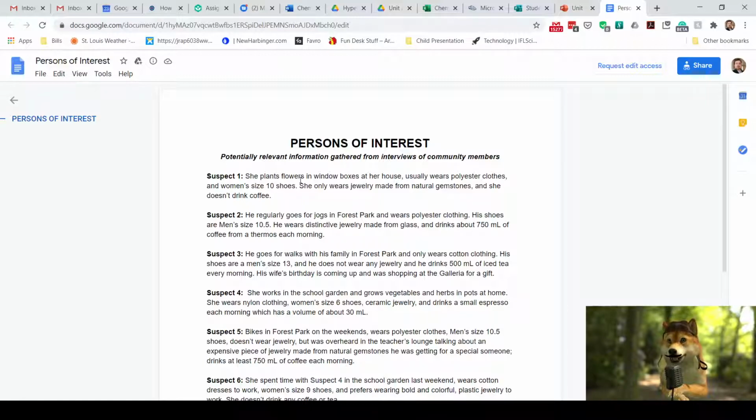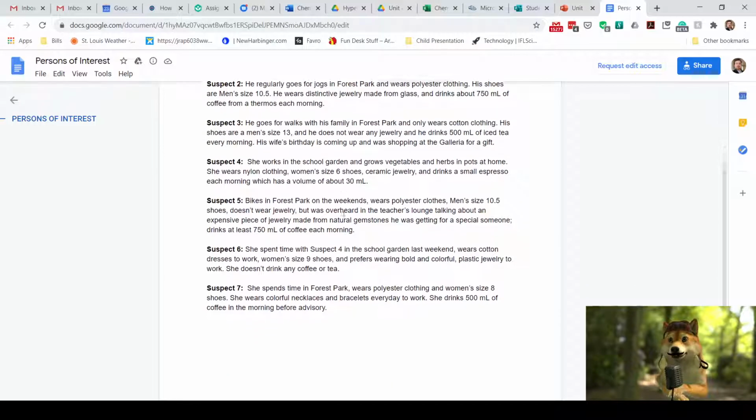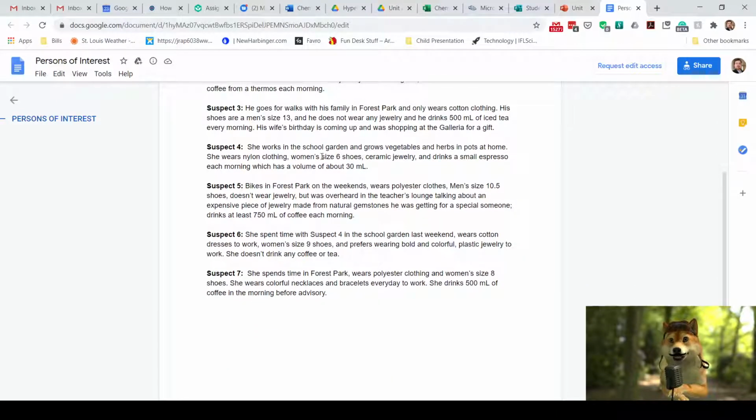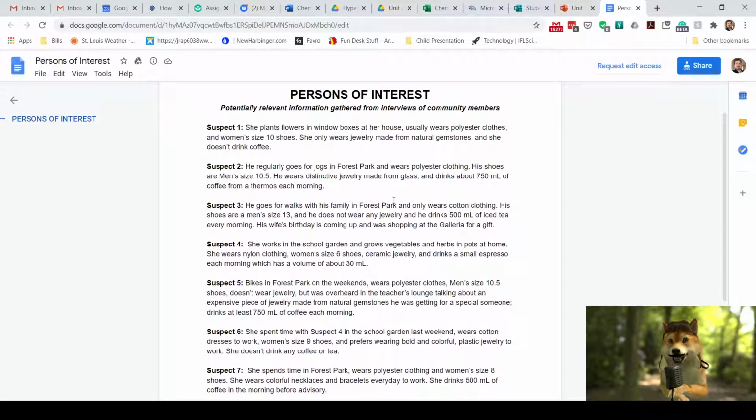And let's see here, suspect 1 doesn't say anything about Forest Park. Suspect 2 it connects to because he regularly goes for jogs in Forest Park. Suspect 3 the evidence connects to because he goes for walks with his family in Forest Park. Not suspect 4. Suspect 5 bikes in Forest Park on the weekends. And suspect 7 spends time in Forest Park. So 2, 3, 5, and 7.